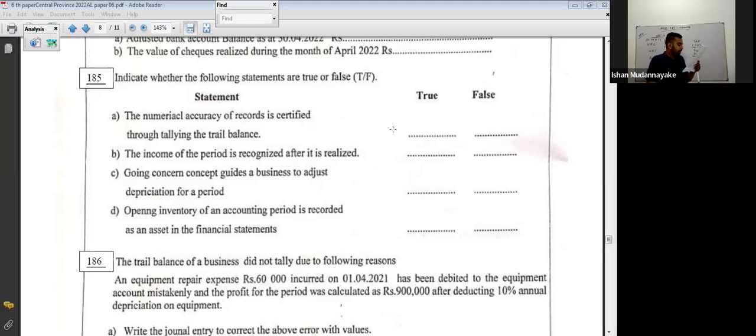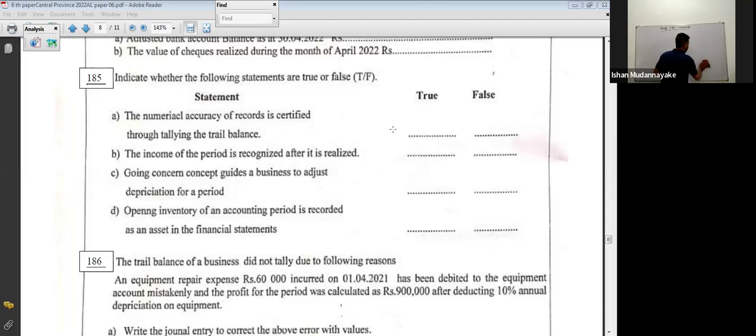A: The numerical accuracy of records is certified. Records here we can assume as financial statements. That is false.